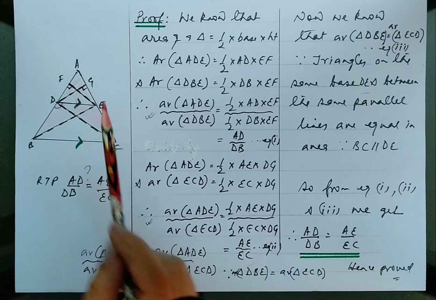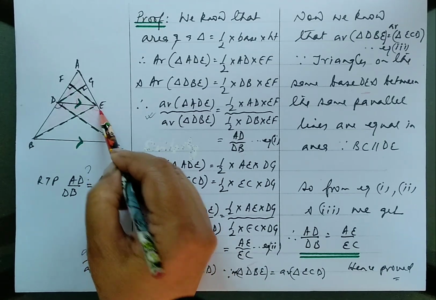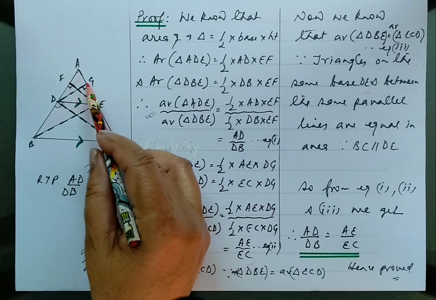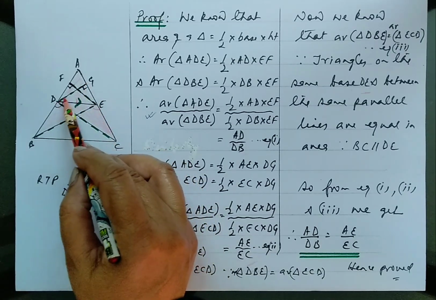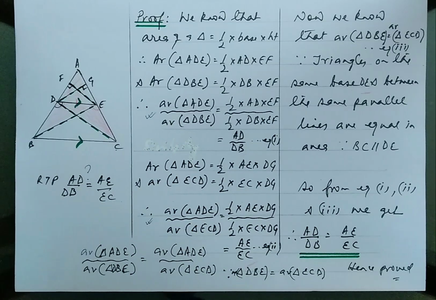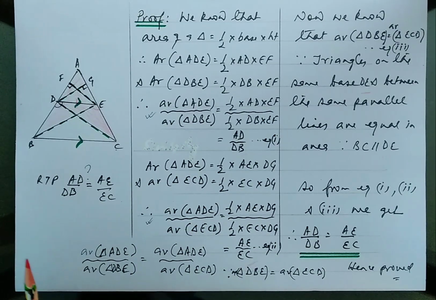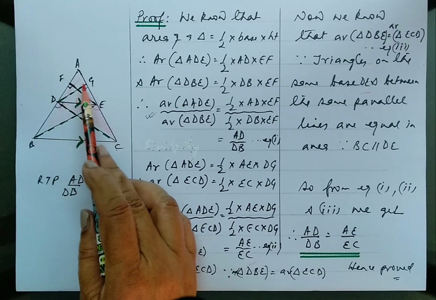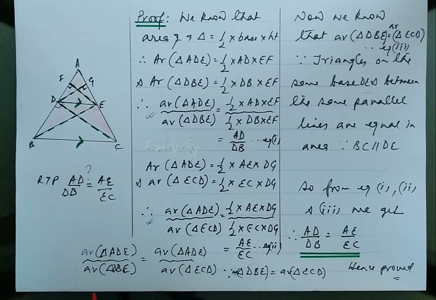So again, this is an obtuse angle triangle, correct? When CE is produced to G, we are able to get the height of this triangle. Am I right? So this triangle ECD has an altitude DG.